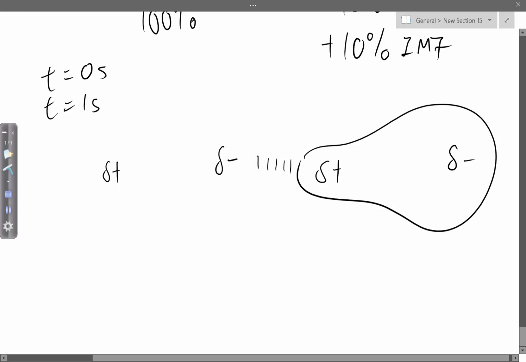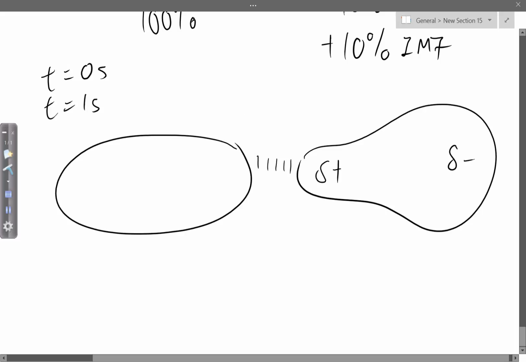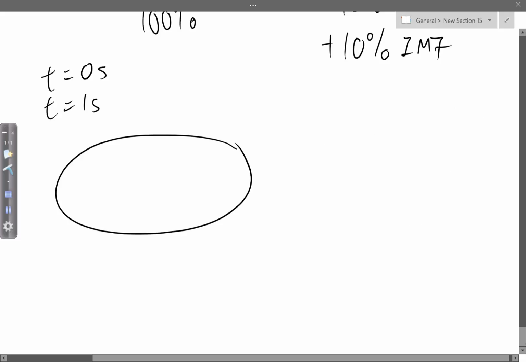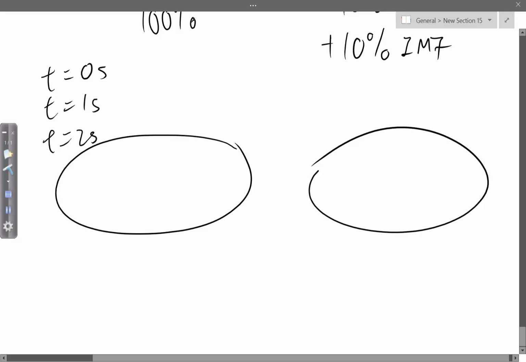Next moment, right, the electrons may start to behave well once again, and it might go back, right? So once it go back, everything becomes evenly distributed again. So when everything is evenly distributed, it's not going to have any effect on its neighbor once again. So this attractive force is actually gone. So this is t equals to 2 seconds. And of course, this process can repeat itself, right? It is ongoing.